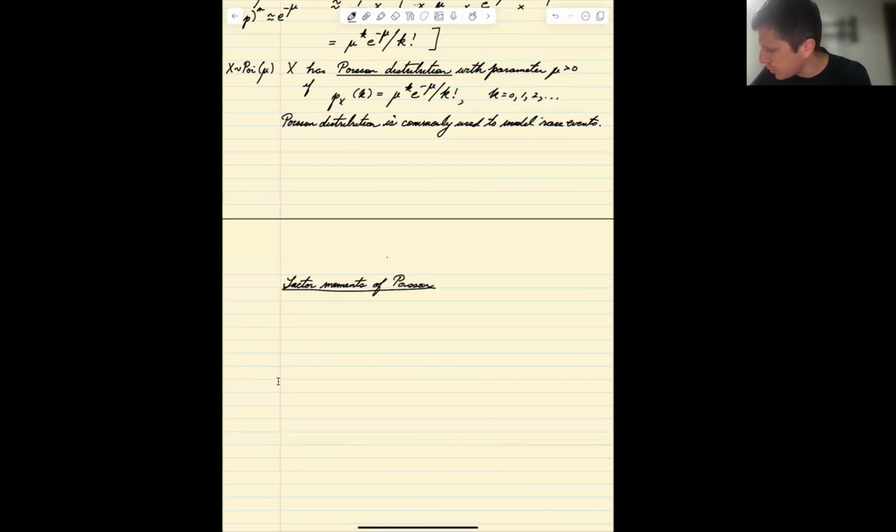So the factorial moments of the Poisson distribution, how do we calculate them?